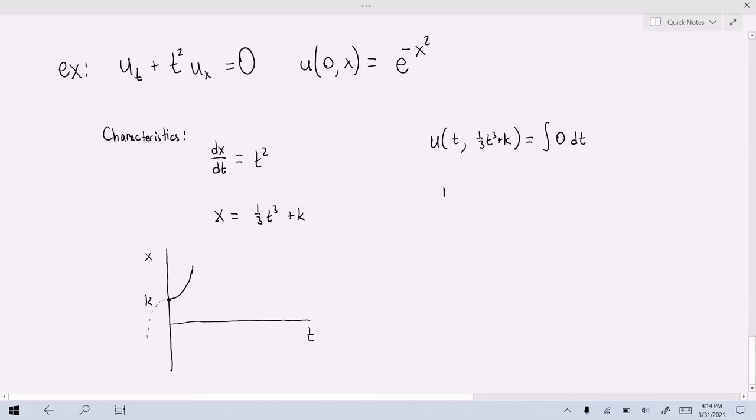So once again, the integral of 0 just gives us a constant. So that means our solution along any characteristic is constant.